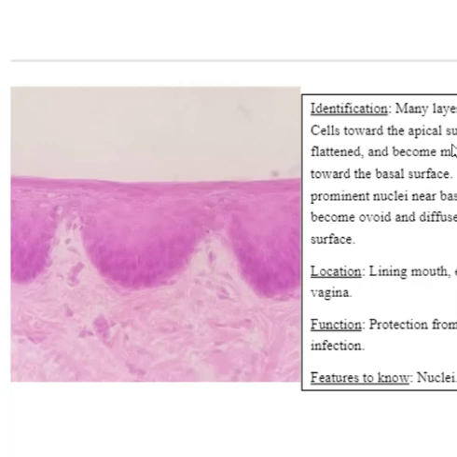So where would you find this? You find it lining your mouth and your throat, which is your esophagus. Ladies, we have this lining our vagina. You're going to find this where something rubs up against it and is going to be knocking layers of cells off.